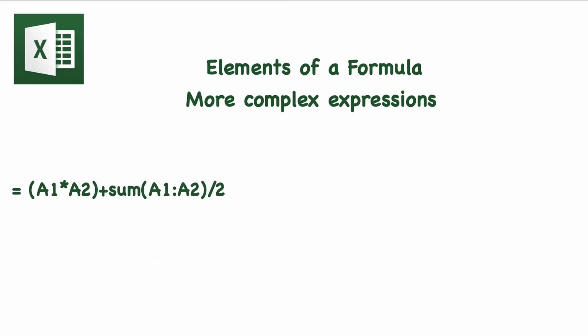Now, how about we make a more complex expression combining some of these elements? This expression, for example, will be the result of multiplying A1 by A2 plus the addition of A1 and A2 divided by 2.